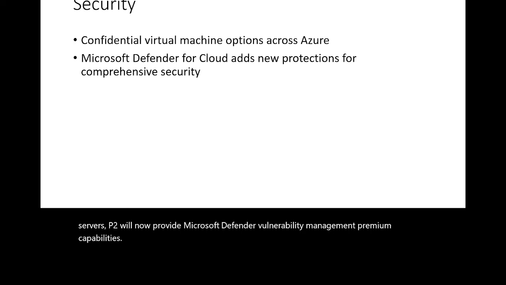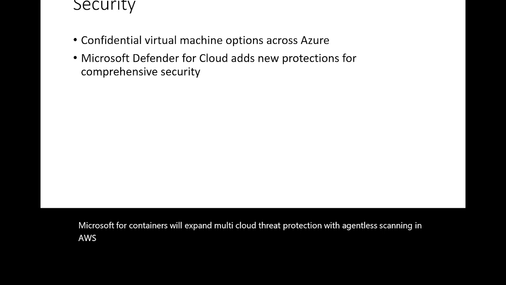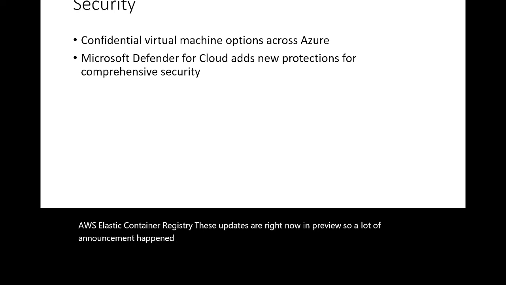Microsoft Defender for Containers will expand multi-cloud threat protection with agentless scanning in AWS Elastic Container Registry. These updates are right now in preview. So a lot of announcements happened around Defender. This is the tool going forward for any cloud solution, so keep an eye out and keep checking what else is coming up in that.